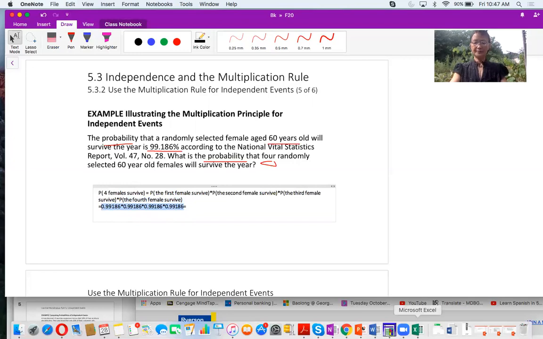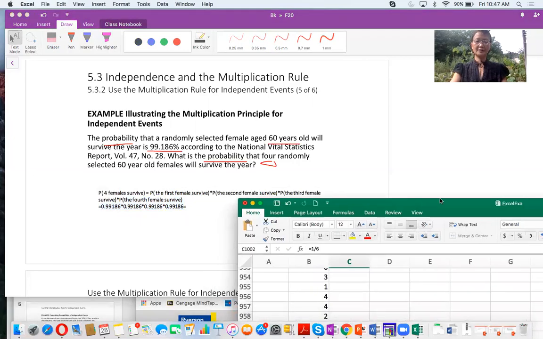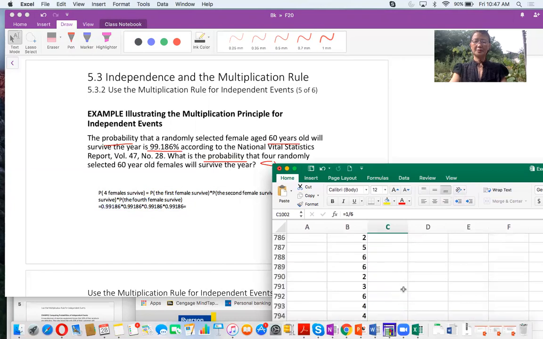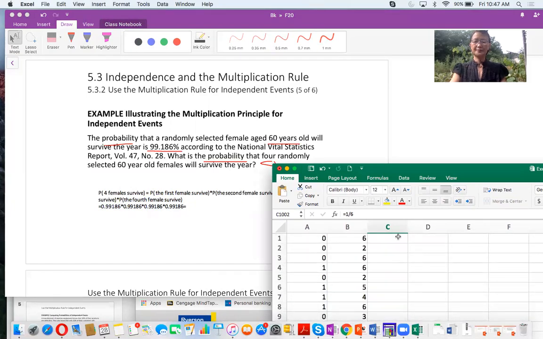Okay. And so what is this result? I'll use Excel. I'm typing the equal sign, so those 4 numbers times together. So this is the answer, 0.9678.